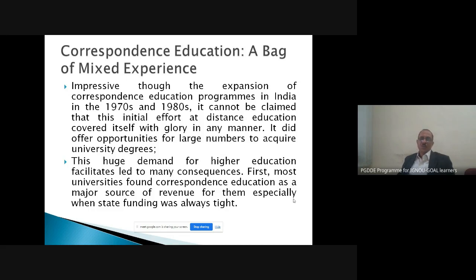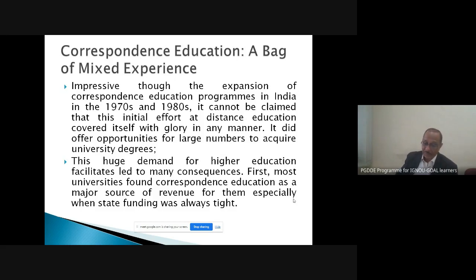First, most universities found correspondence education a major source of revenue. I think particularly when universities started correspondence institutions, the majority of them did not see it as a way to provide quality education. Rather, they perceived it as enrolling more students and getting more money.